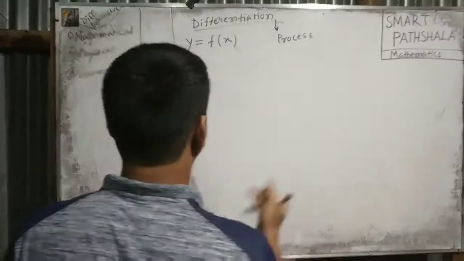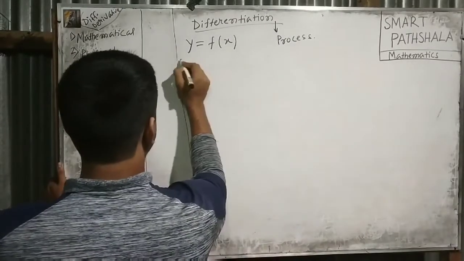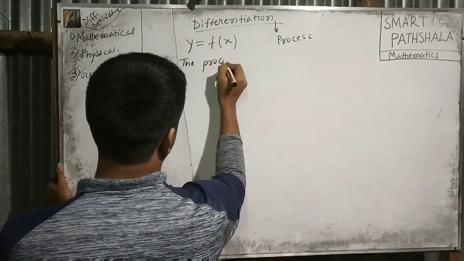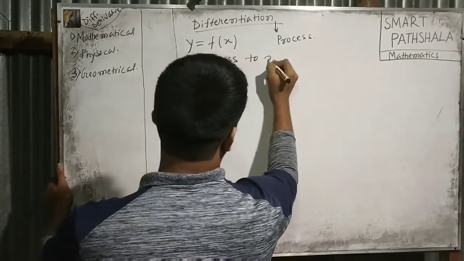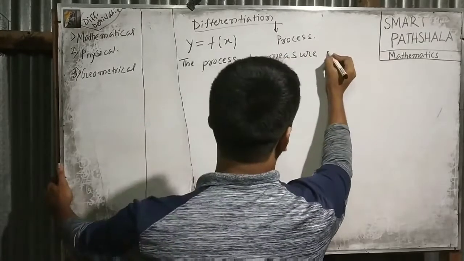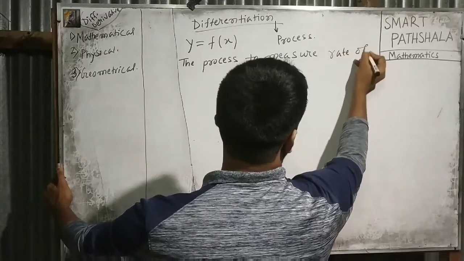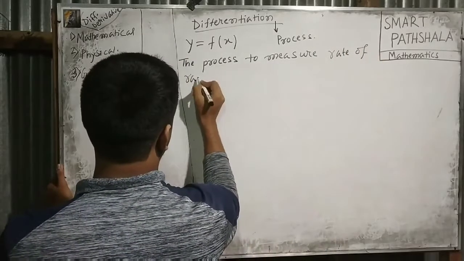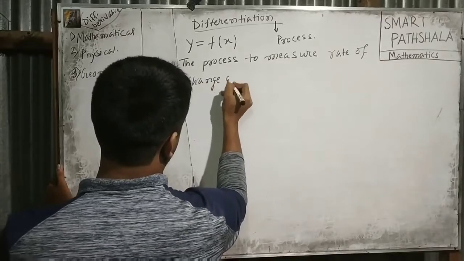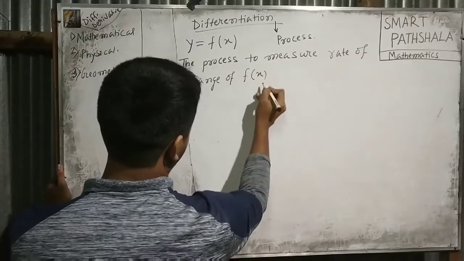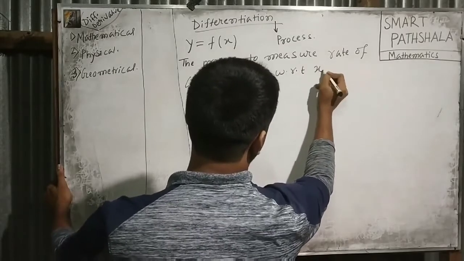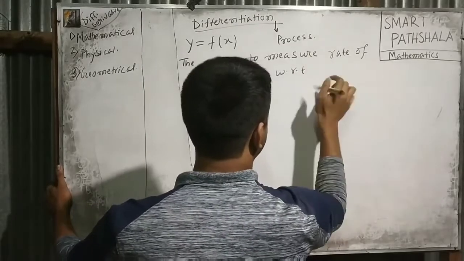Now, write this thing: the process to measure rate of change of f of x with respect to x, with respect to change in x.